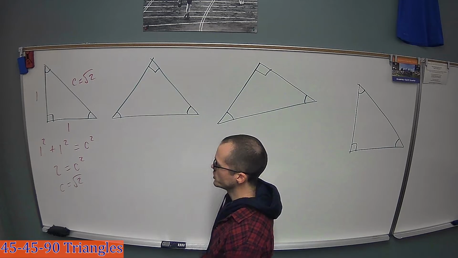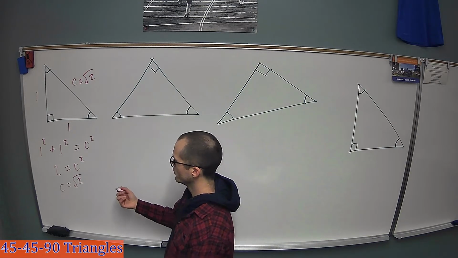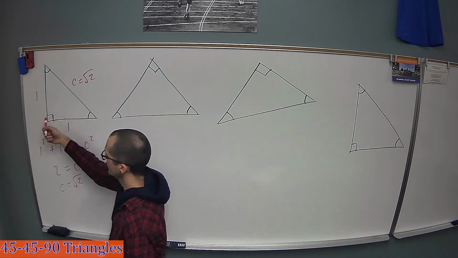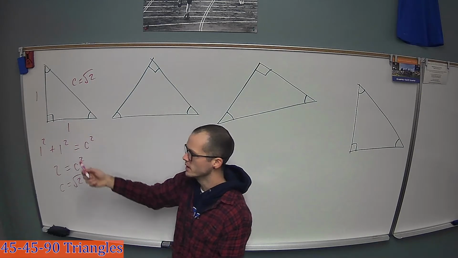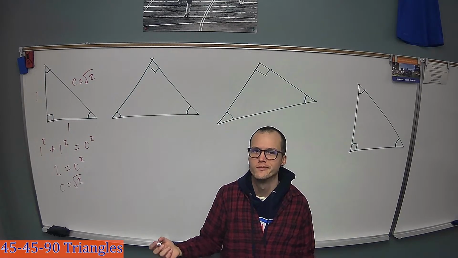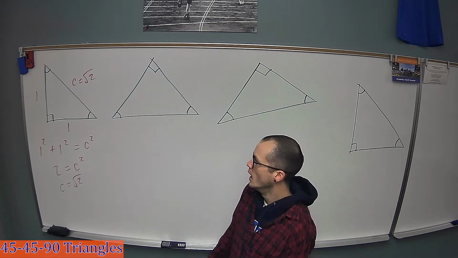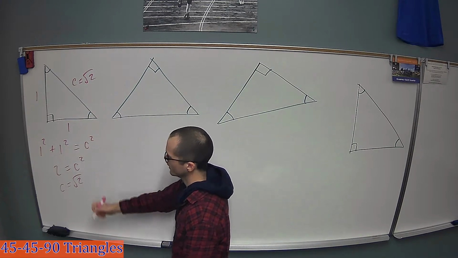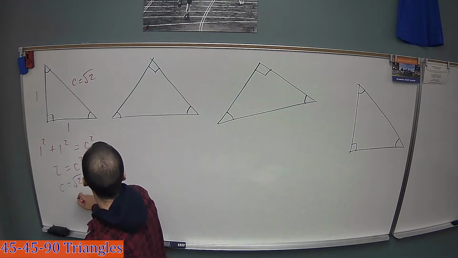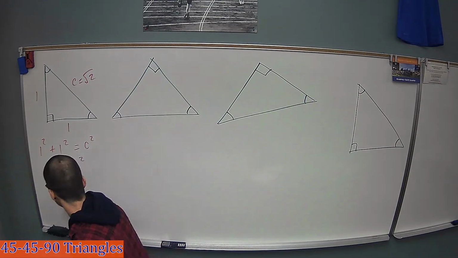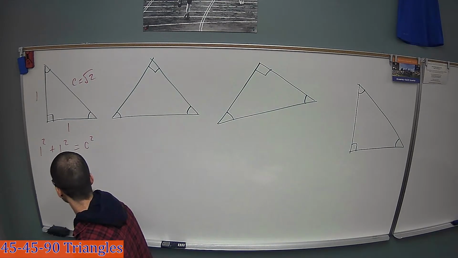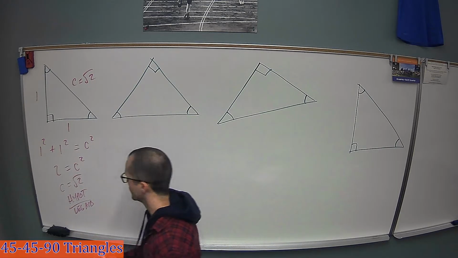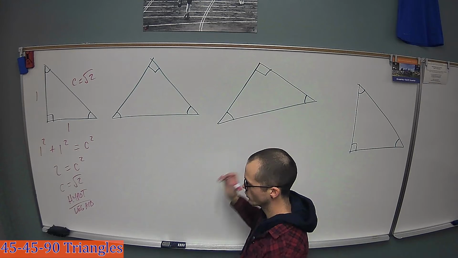So as far as ratios go, if I look at leg A over leg B, it's going to be 1 over 1, which is 1. Fine, not very interesting. But what is kind of interesting is the length of the hypotenuse over the leg length. The hypotenuse over the length of legs A or B, it doesn't really matter, they're the same, and it's going to be true all the way through.